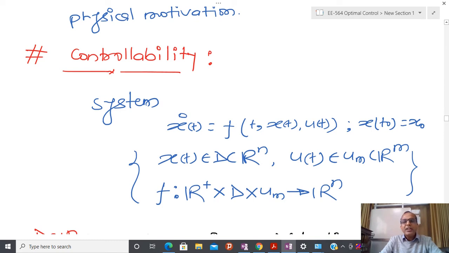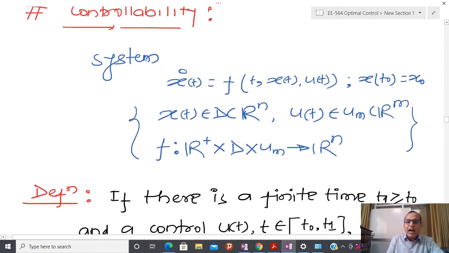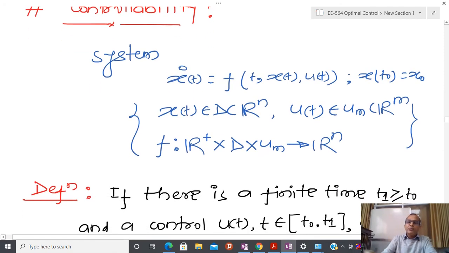Now let us come to another very important component. Whenever we have some kind of system, we are basically talking about that concept. So we say that now I have a certain kind of system, and this is the most generalized one. I have this as a nonlinear system.